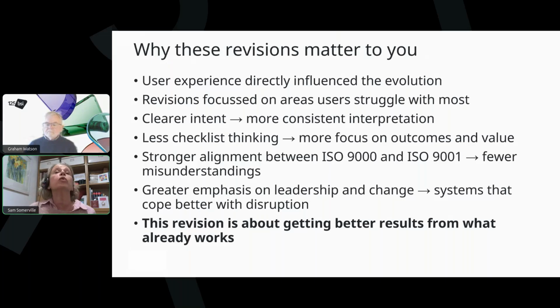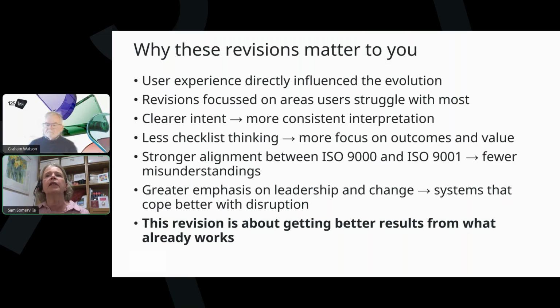So why does all of this matter to you as a user? These revisions were directly shaped by user experience, as Graham said. And they focus on the areas where organizations told us that they struggled the most. Clearer intent supports more consistent interpretation. Less tick box thinking helps to shift the focus back to outcomes and value.